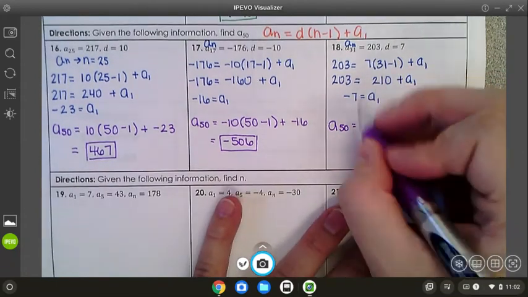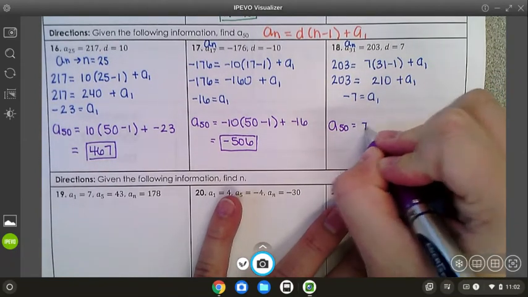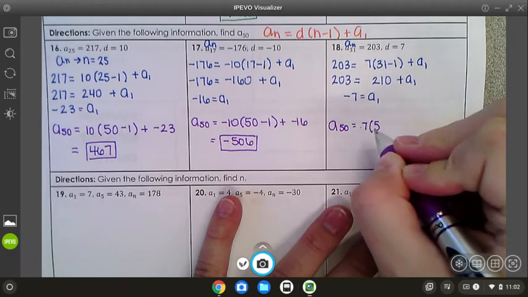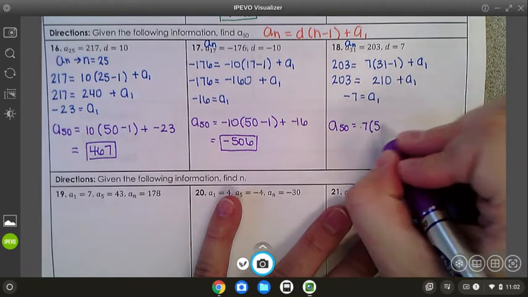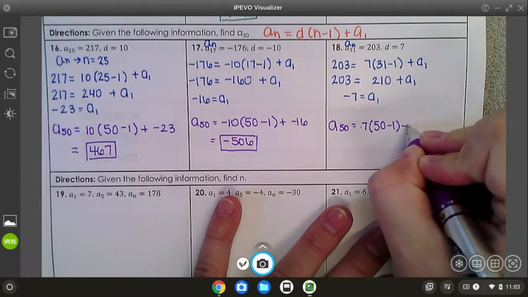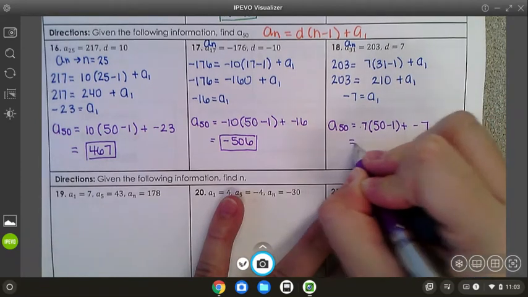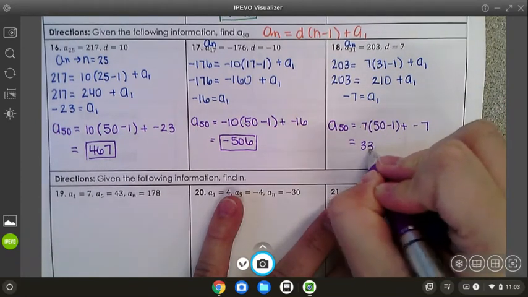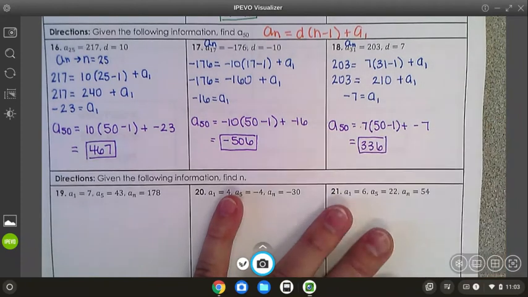So for your 50th term, we had 7, and we had 50 minus 1 plus -7, which was 336.